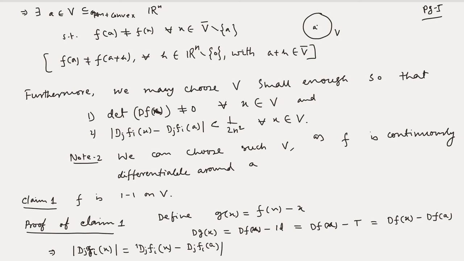Now from condition 2, this is less than 1 over 2n squared for all x belonging to V, by condition 2.